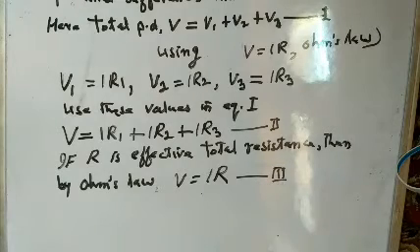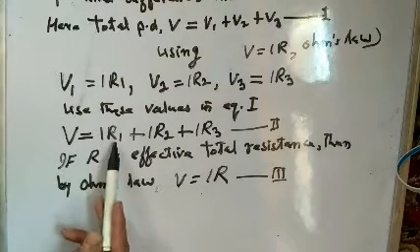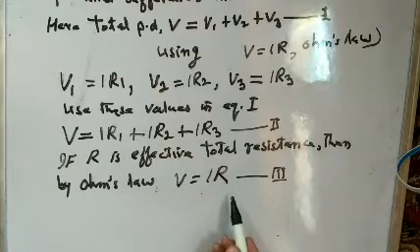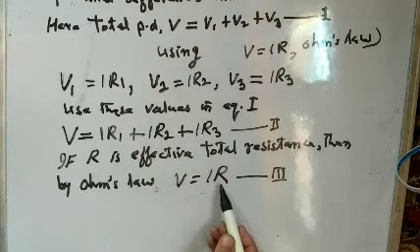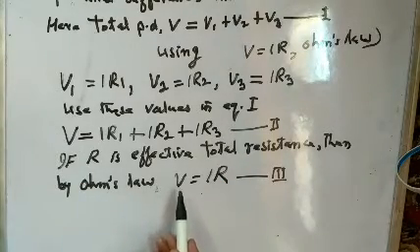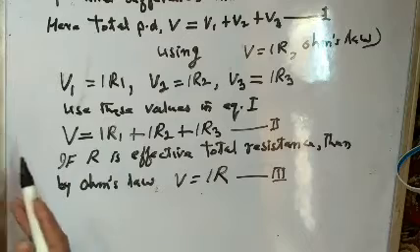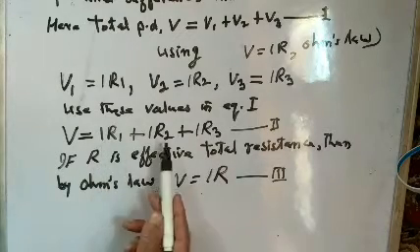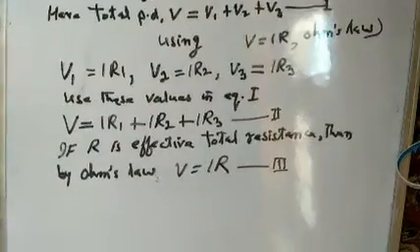See, equation second and third. V is equal to IR1 plus IR2 plus IR3. This is second. Here in equation third, V is equal to IR. Comparing these two equations, we see V and V are the same. So left hand sides are equal, therefore right hand sides will be equal. Therefore IR is equal to IR1 plus IR2 plus IR3.